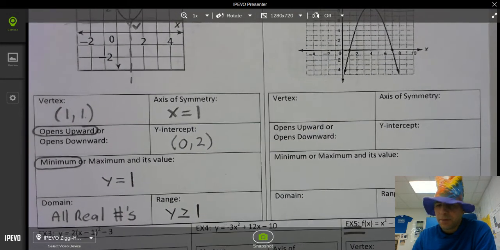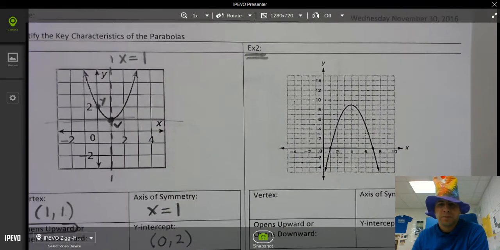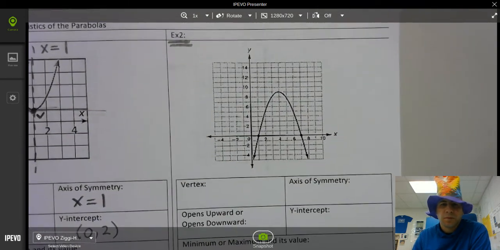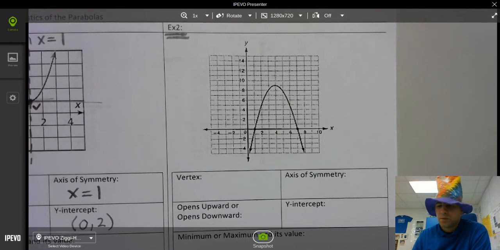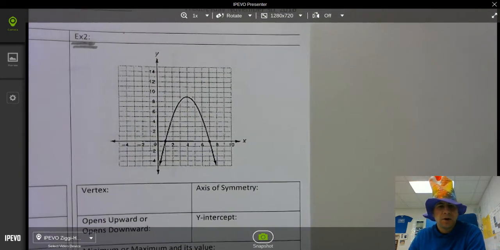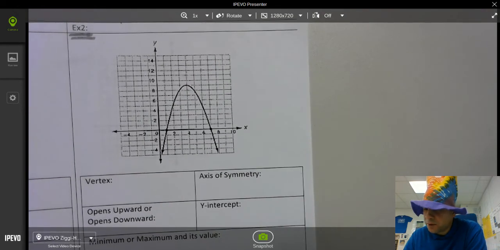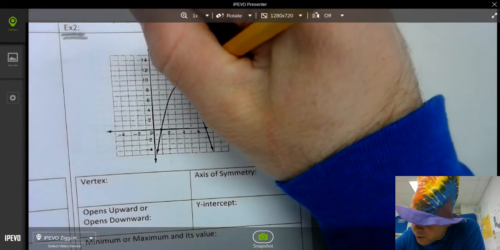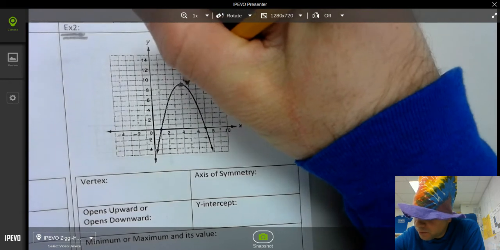All right, so let's look at example 2. Move it over. All right, so the vertex is either the minimum or maximum point. In this case, it's a maximum point.